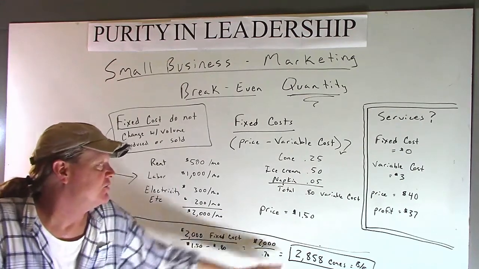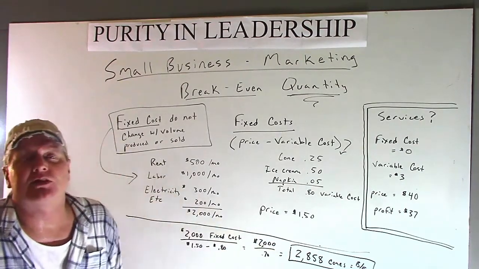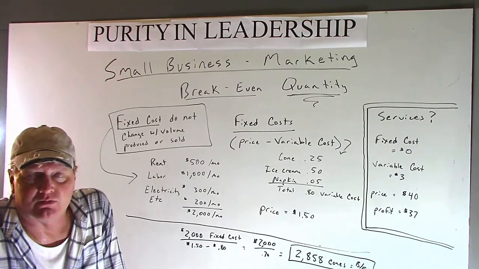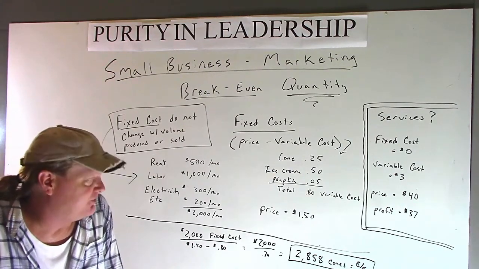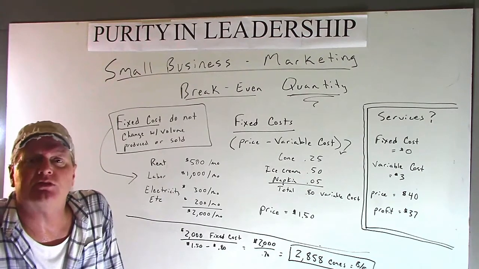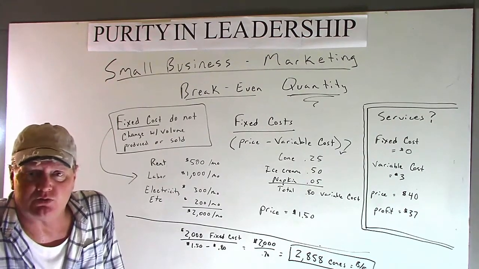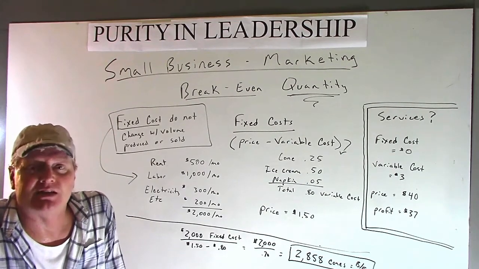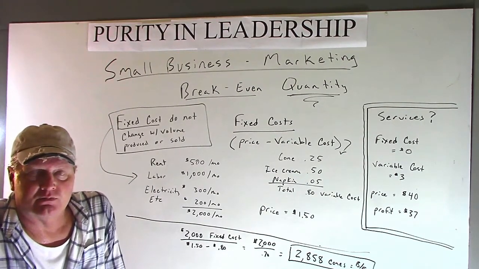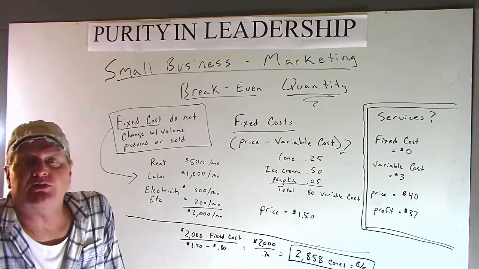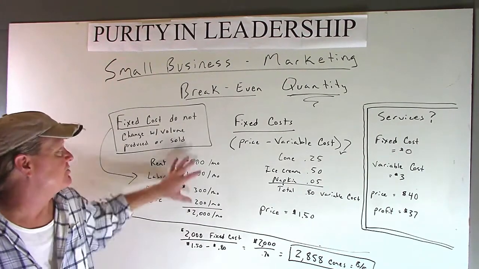If you were to sell 2,859 ice cream cones, how much would you make? 2,859 ice creams sold in the month of January. How much did you make as a small business owner? You made 70 cents. Because it took the first 2,858 to pay all of your expenses.